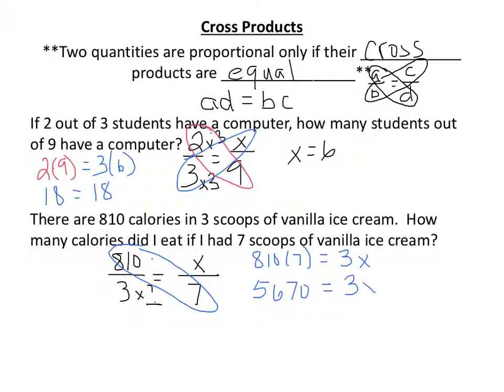And that's going to be the same thing as 3 times x. Well, if you think about it, because it's 3 times x and I want to work backwards, what I can end up doing is dividing that 5,670 by 3, and that would give me 1,890 calories is equal to x. So there'd be 1,890 calories in 7 scoops of ice cream.